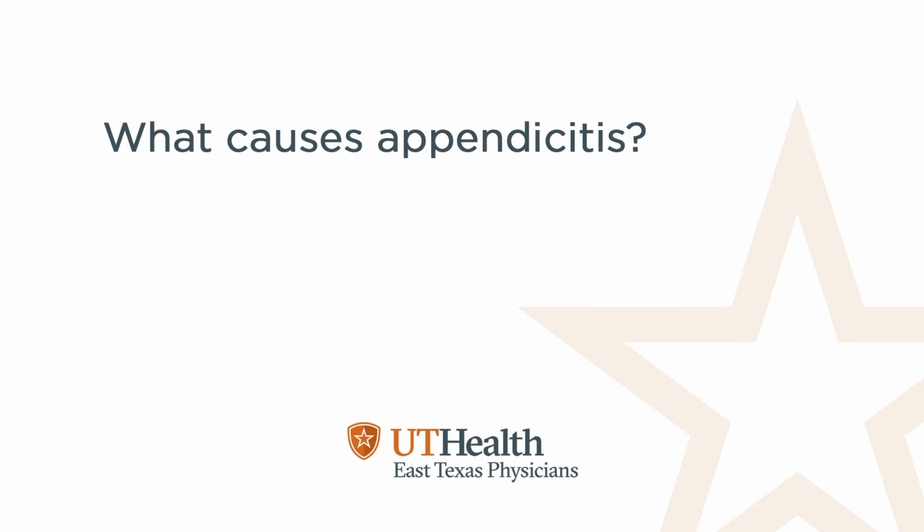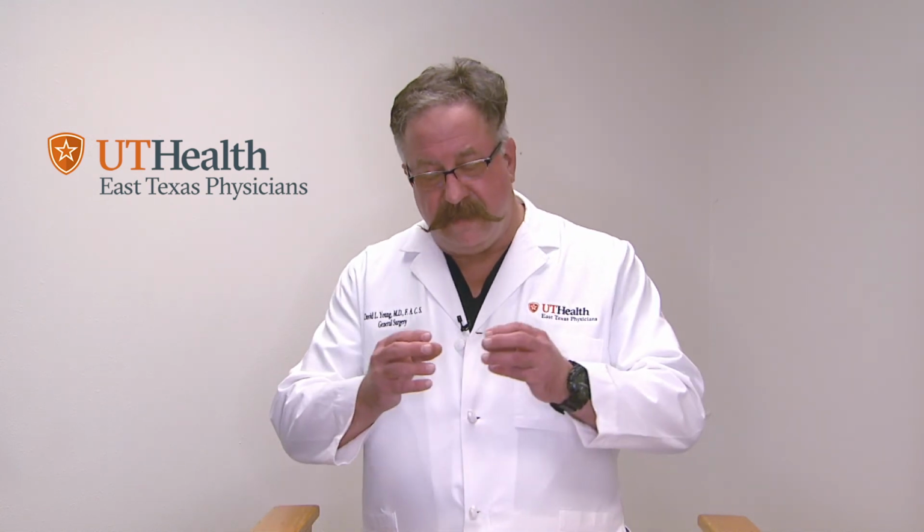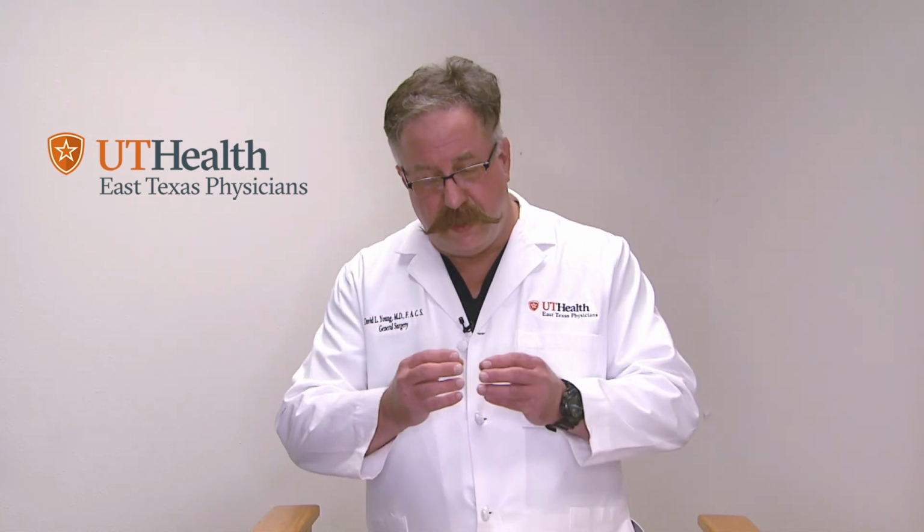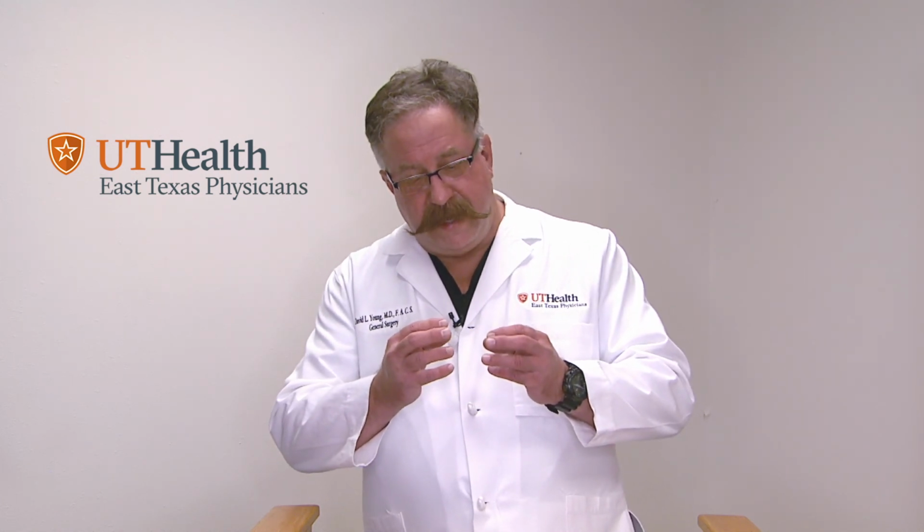All right, we've had a few questions here. The first question is, what causes appendicitis? Appendicitis is most commonly caused by an occlusion of the opening of the appendix, the lumen, if you will, becomes occluded by a piece of stool, and the lining of the appendix continues to produce mucus, and the pressure builds up, and the inflammation begins, and as the pressure builds up, this surpasses the blood flowing into the appendix, and the appendix can ultimately lose its blood supply and then ultimately perforate.